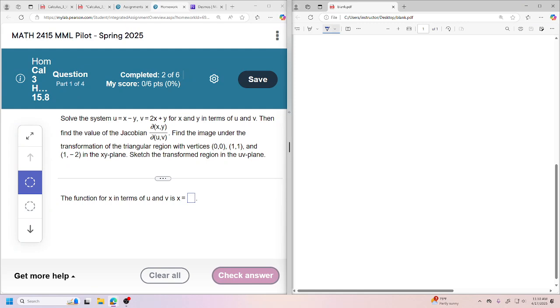So we have u is equal to x minus y, and v is equal to 2x plus y. To solve for x, I'm going to move it over. So x is equal to u plus y. And then I can plug it in right there. So then v is equal to 2 times u, 2 times y, and then another y.